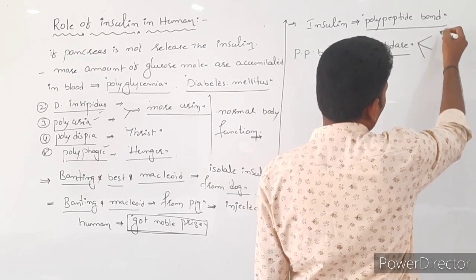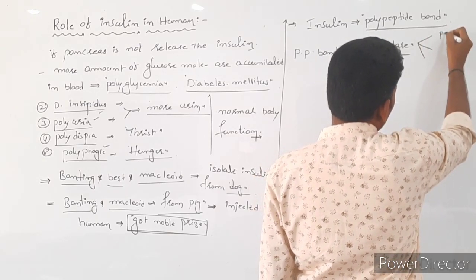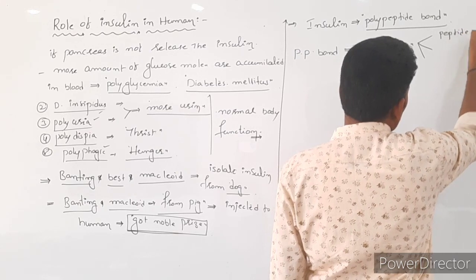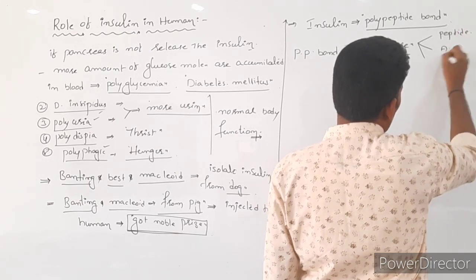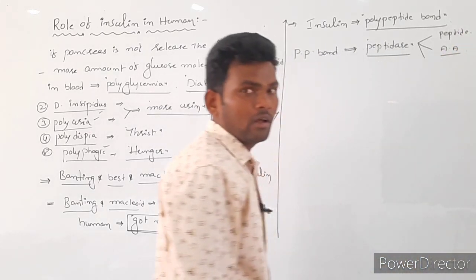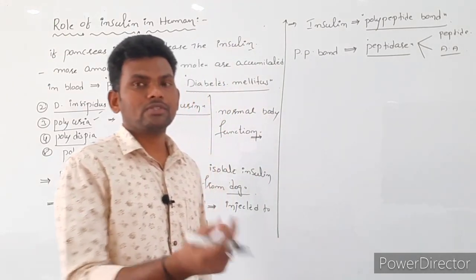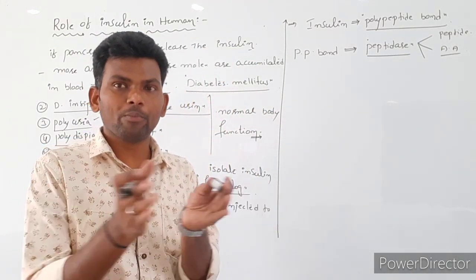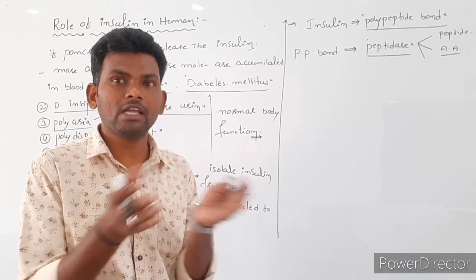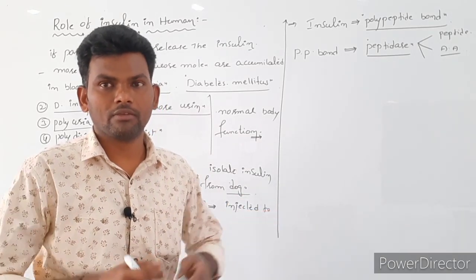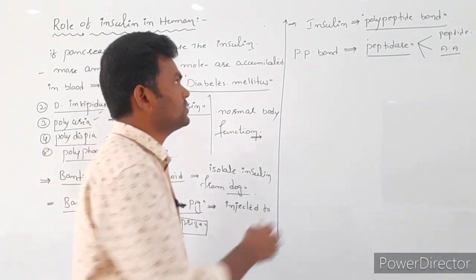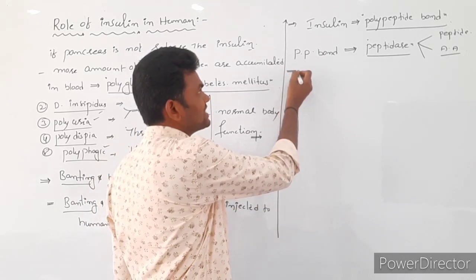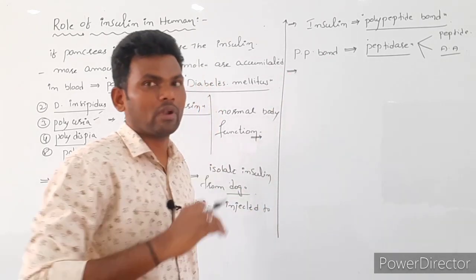They break down into peptides and then amino acids. Now there is no insulin. Insulin is a combination of two long polypeptide chains, and now this is cleaved, so there is no more insulin. Clear? So that's why insulin should be taken only through injections, not orally.